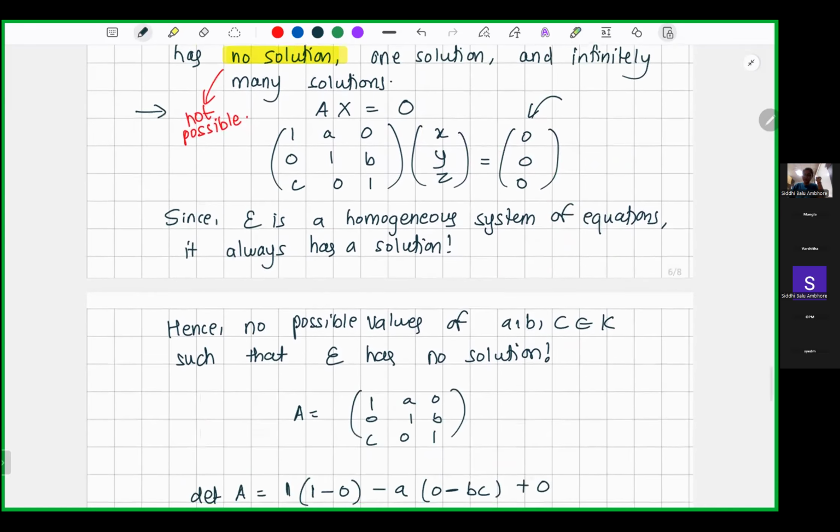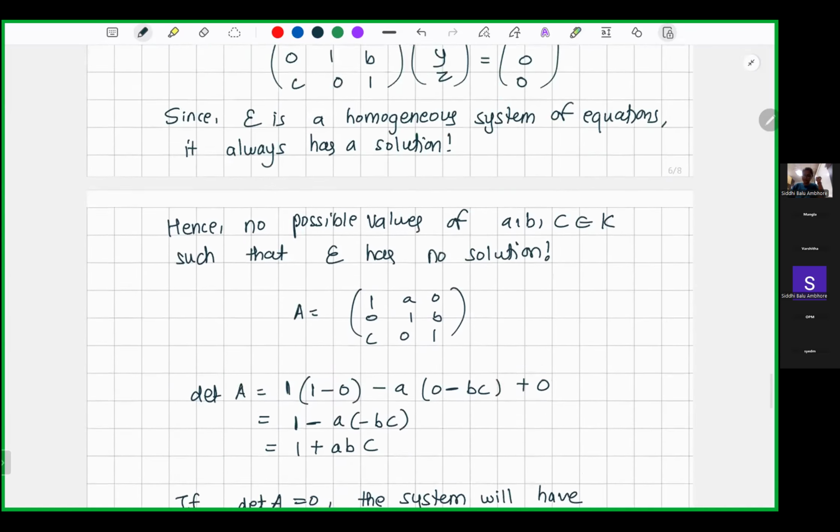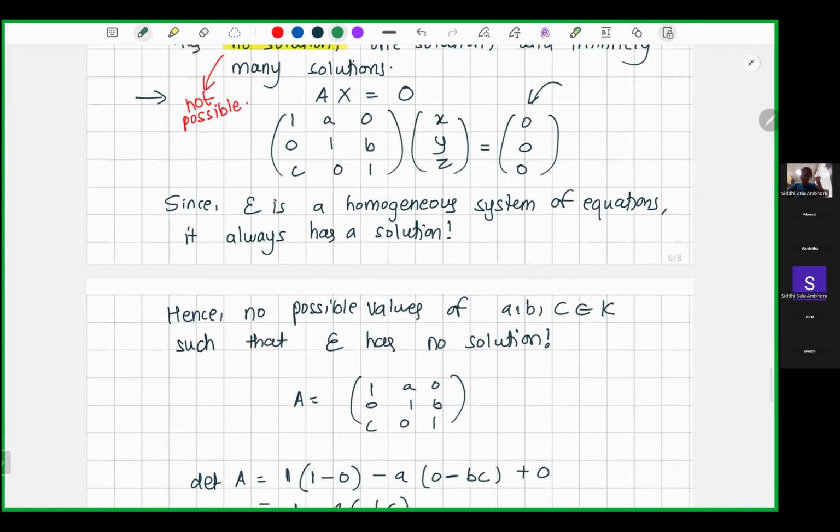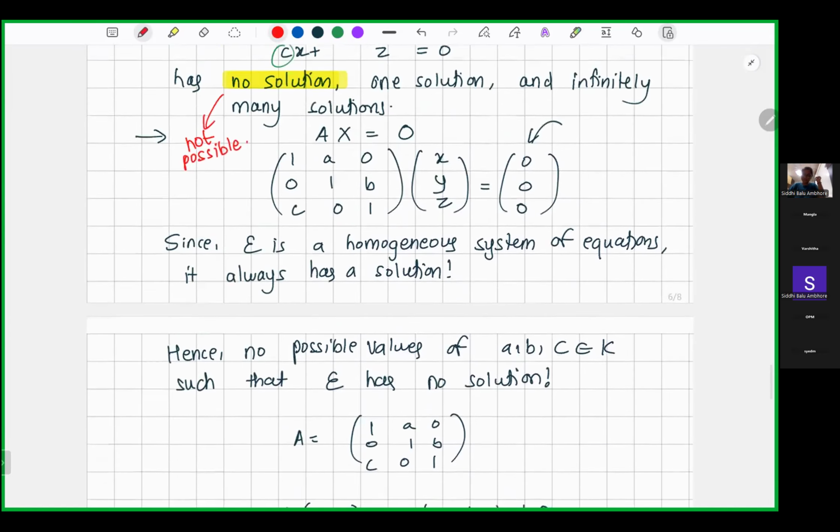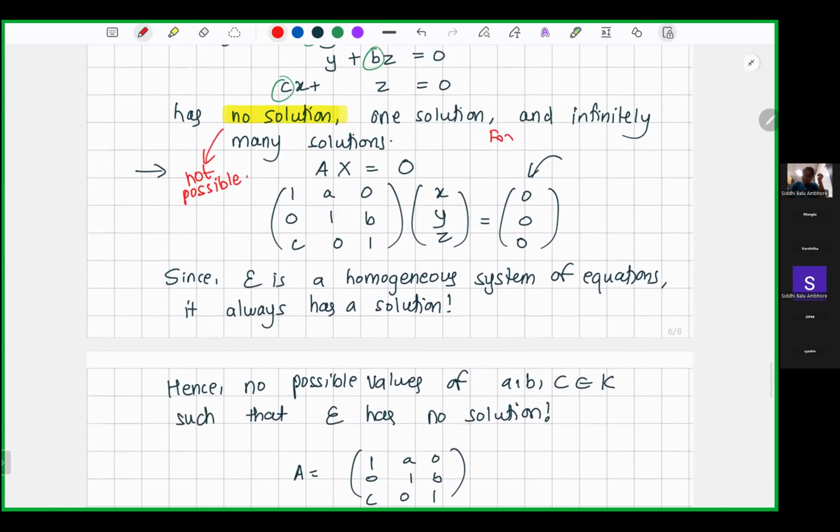Let me write this again, in a red pen, that for any a, b, c in K, 1 times 0 plus a times 0 plus 0 will be 0, 0 plus 1 times 0 plus b times 0 will be 0, and c times 0 plus 0 plus 0 will be 0.